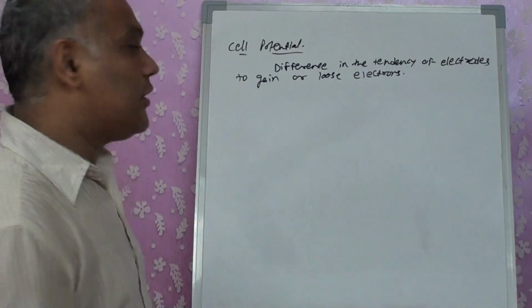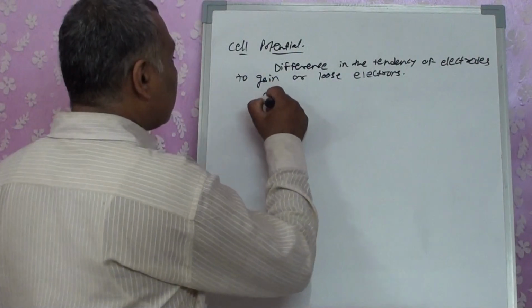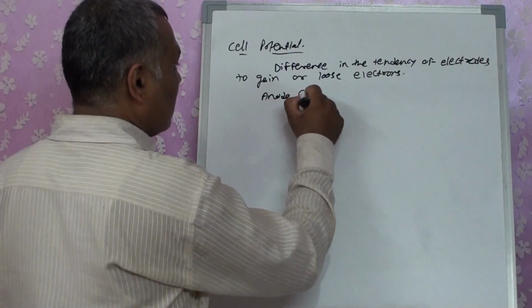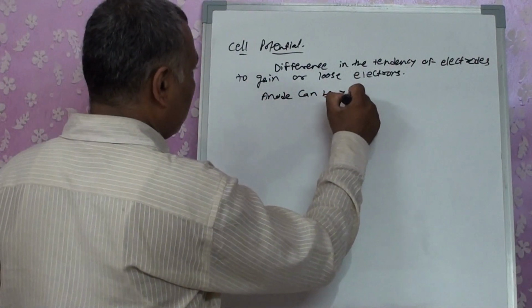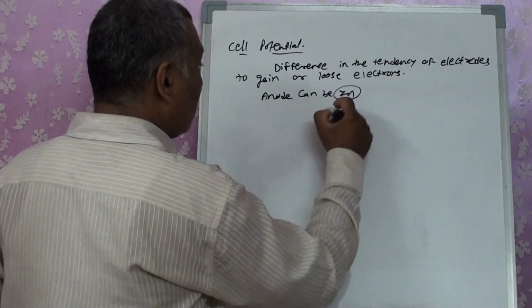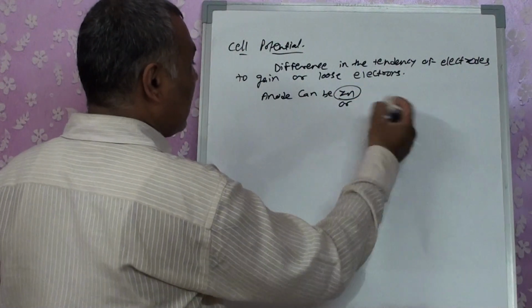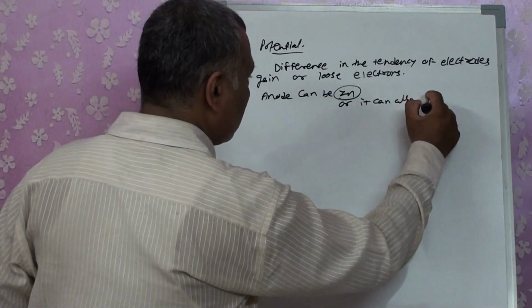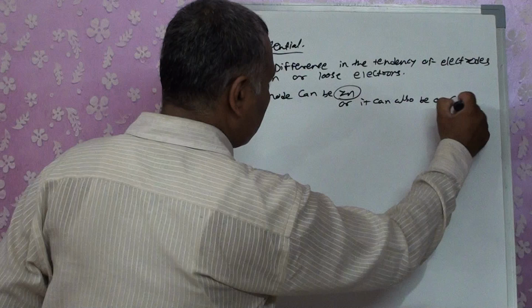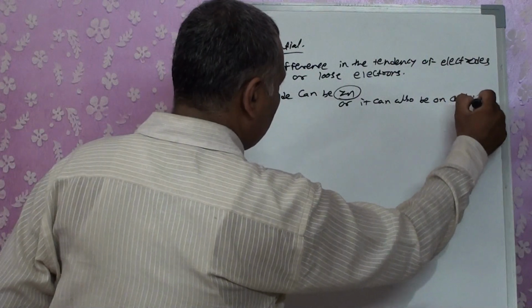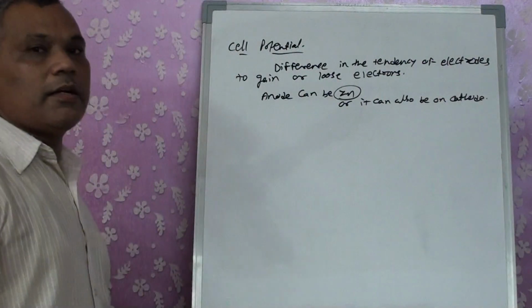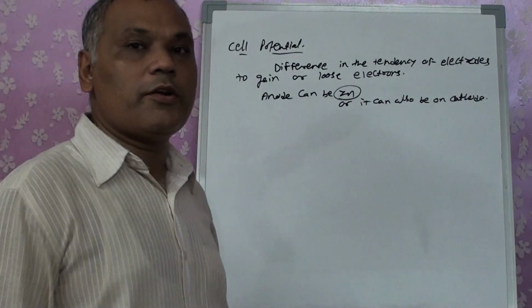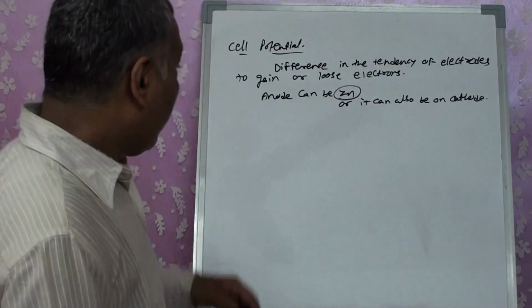anode can be Zn or it can also be on the cathode. Then how can we recognize whether it will be on the anode or on the cathode?